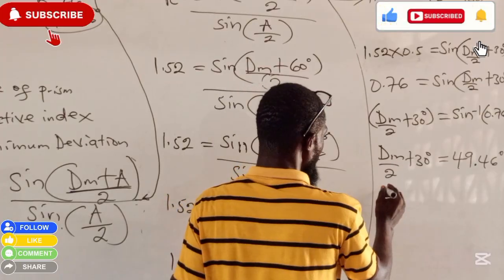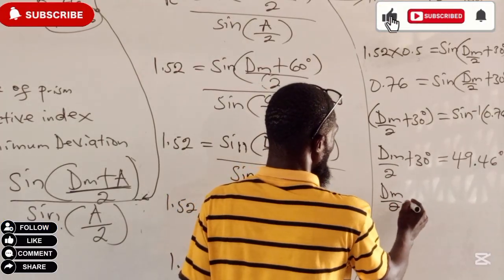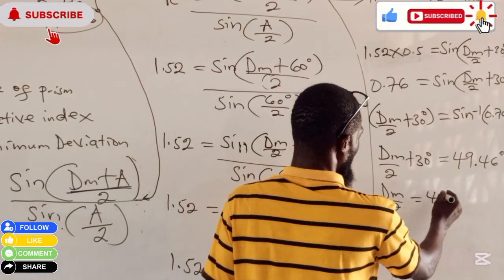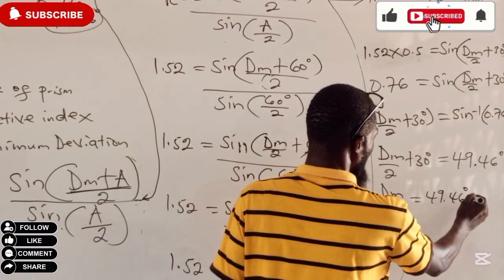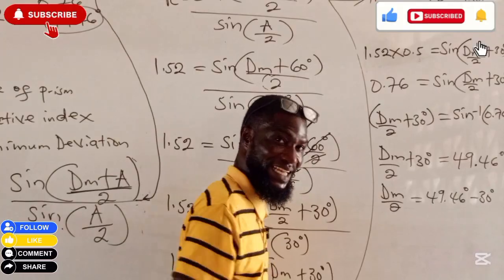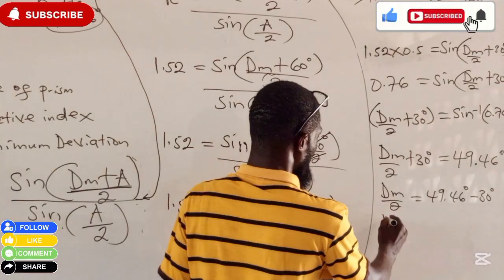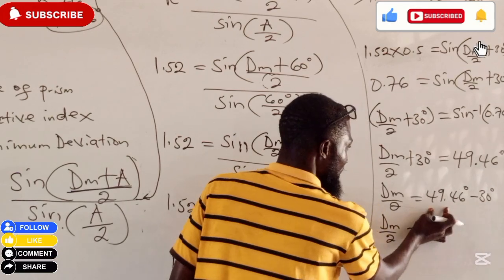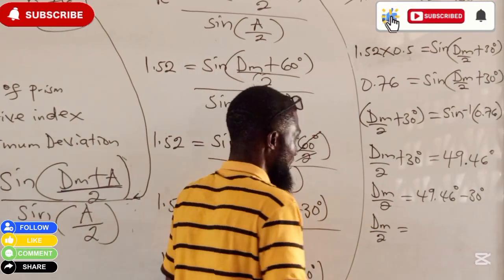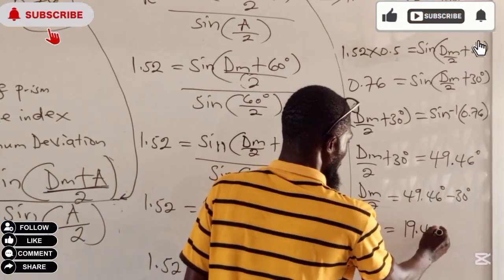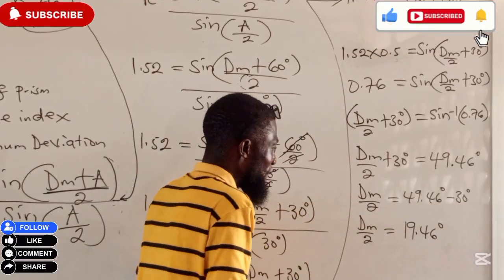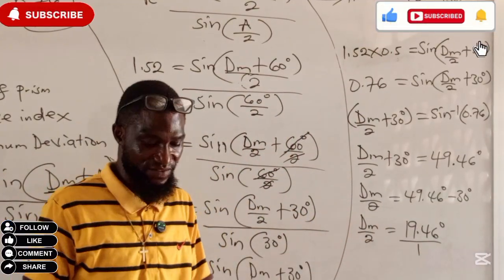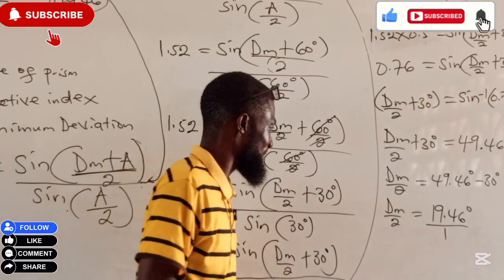So the minimum deviation over 2 will just be equal to 49.46 degrees minus 30 degrees. If I subtract 30 degrees from 49.46 degrees, I will have 19.46 degrees. So on this note, ladies and gentlemen, I balance it by 1 just to get my minimum deviation to solve my problem.